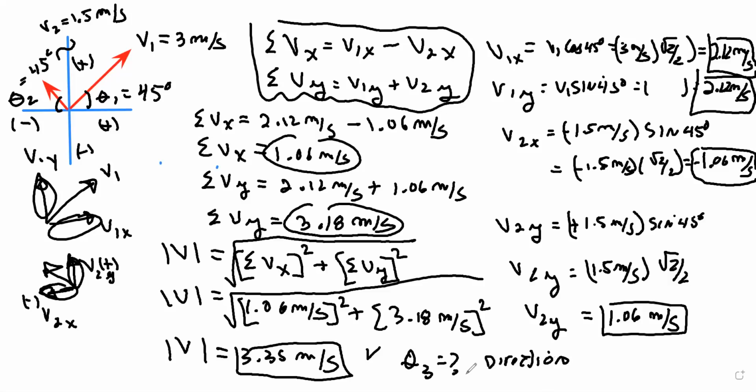So let's calculate that one. We will need more space to do that. So here we go, let's get more space. Okay, let's clear this board. Here we go. And now we have our resultant vector.